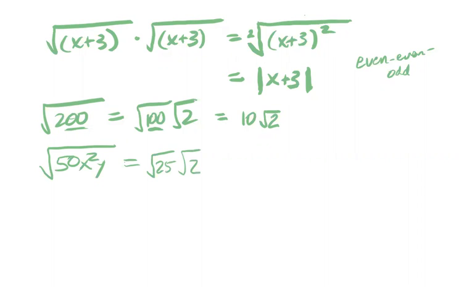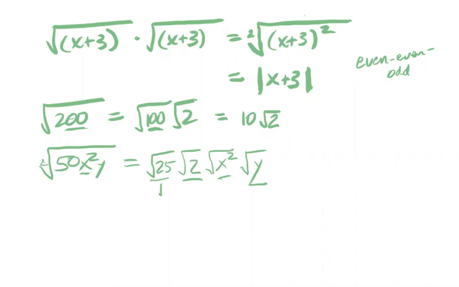And then the x squared also, again, this is a square root, so there's two x's there that can come out. So we're going to write that as the square root of x squared. And then y is not something that I'm going to be able to simplify. So these two are the ones that will stay underneath the radical. They can't come out. But these two will be able to come out.